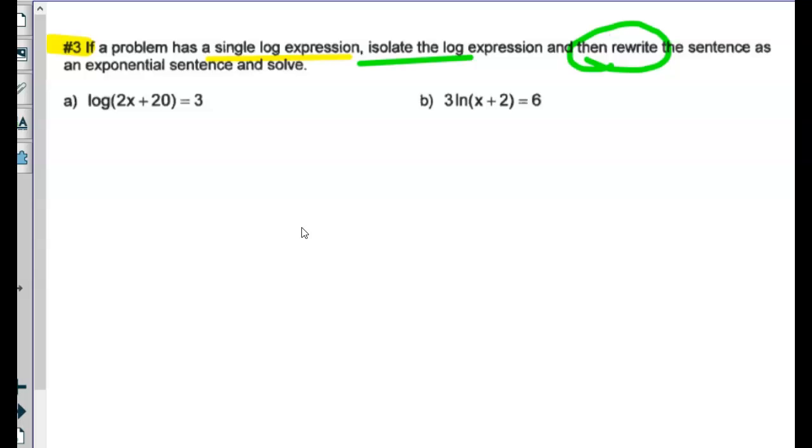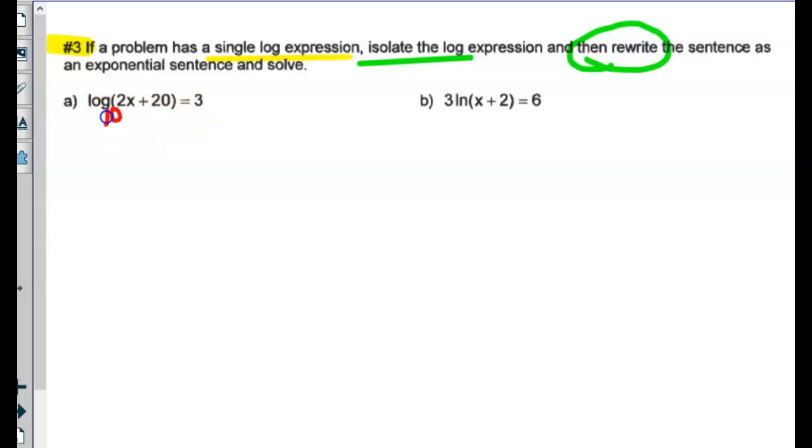Now, when you have a single logarithm, not an x in the exponent, but it has the word log somewhere, you want to isolate that, and then you're going to rewrite it as an exponent sentence, okay? Isolate and rewrite. Now, this log is all by itself already. What is the base? 10.